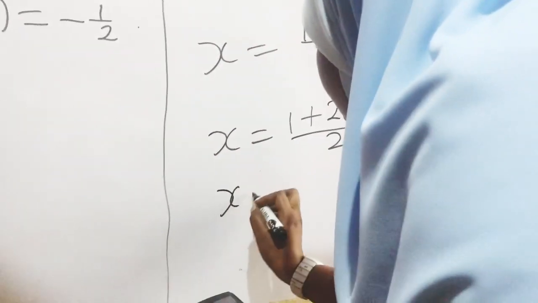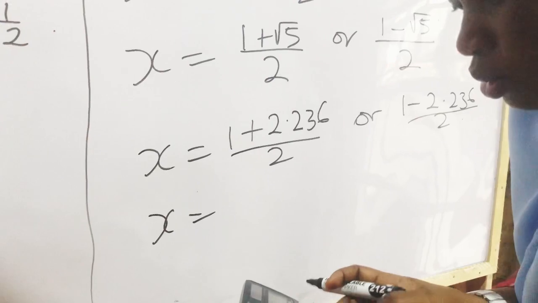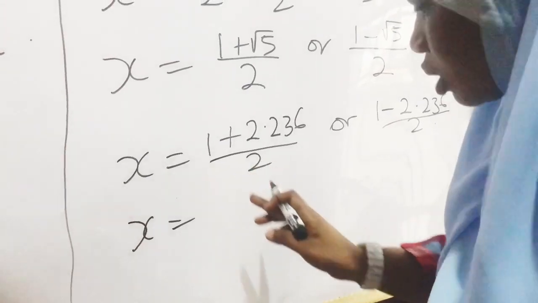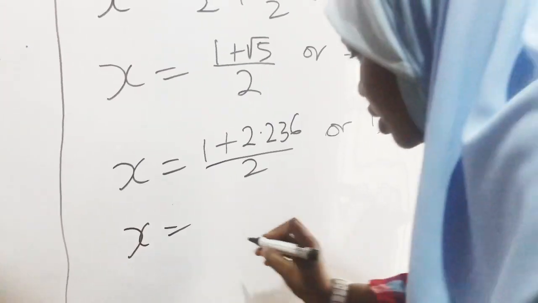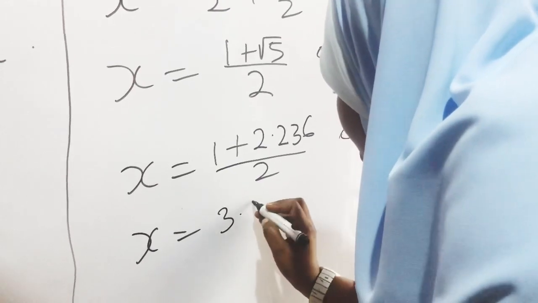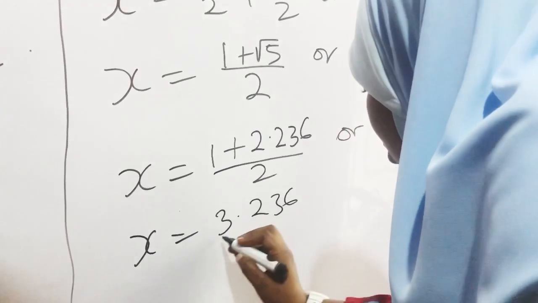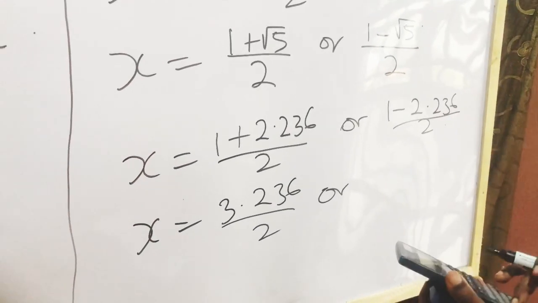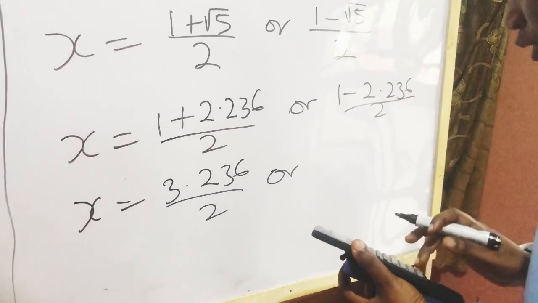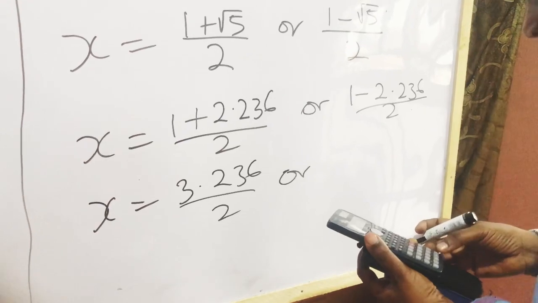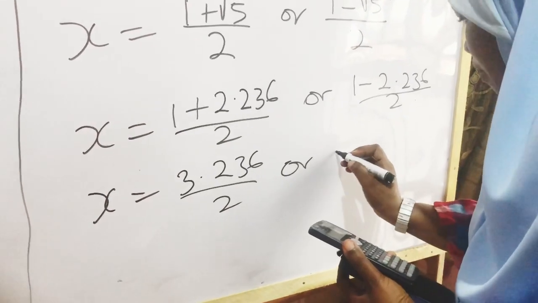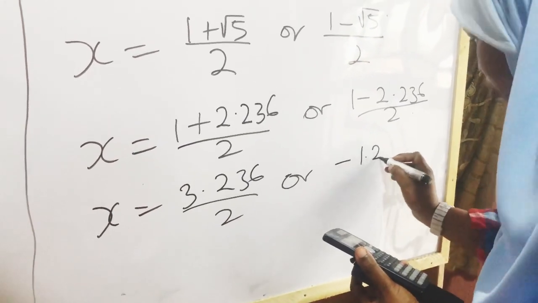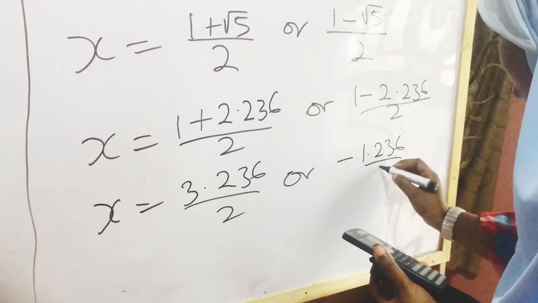So x is equal to 1 plus 2.236 gives 3.236, divided by 2, or 1 minus 2.236, which gives minus 1.236, divided by 2.